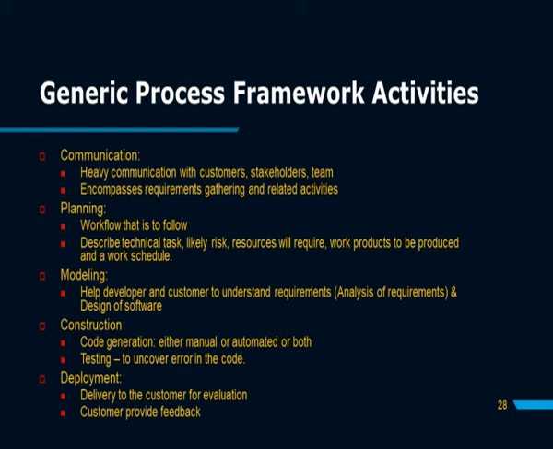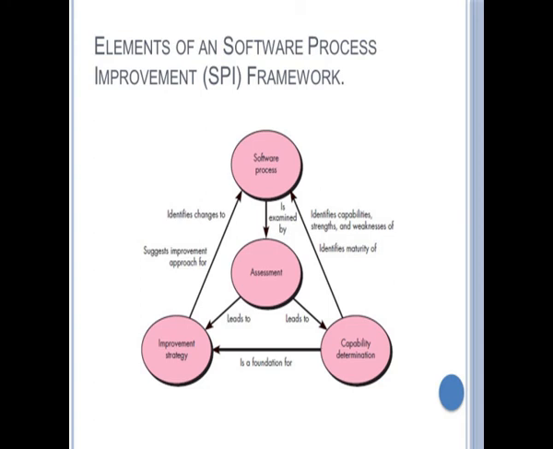Elements of a software process improvement SPI framework can be represented with these four processes, that is software process, assessment, improvement strategy, and capability determination.